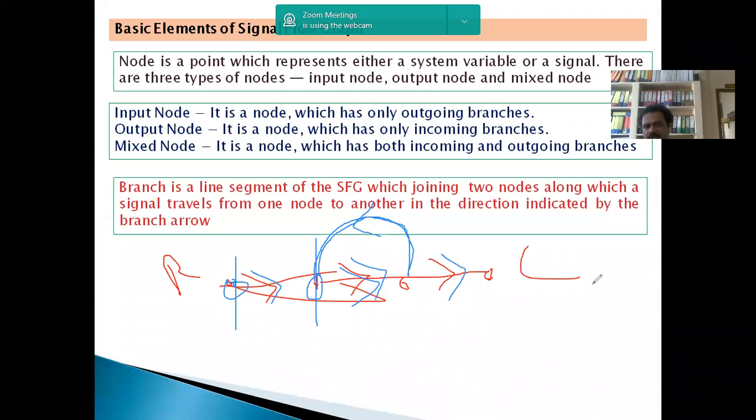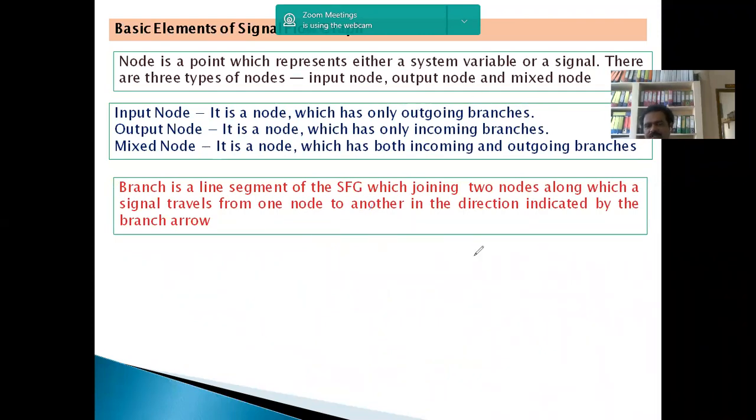It is always opposite to the forward path direction. From here to here is one branch, here to here another branch, and one more branch, and this is also another branch from one node to another node. Is it clear? It is just a line segment which is connected between two nodes.